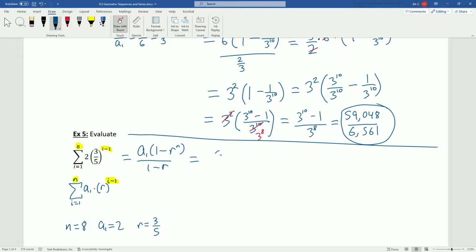And so a1 here is 2. This becomes 1 minus (3/5) to the n power, that's 8, divided by 1 minus 3/5.